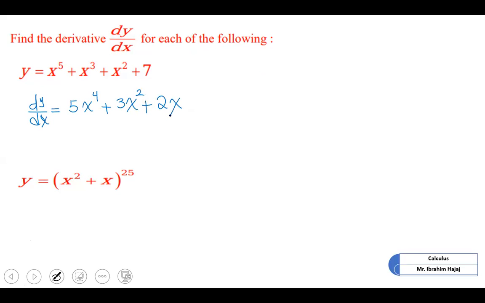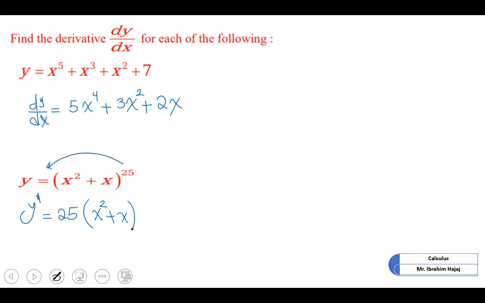That's it. But in the second kind of questions, find the dy over dx of x squared plus x to the power of 25. To find the y prime here, we have to drop down the 25 first. This is the chain rule, and then write again the same parentheses.